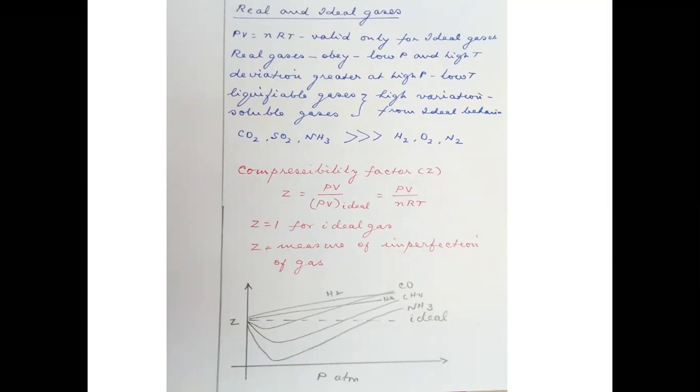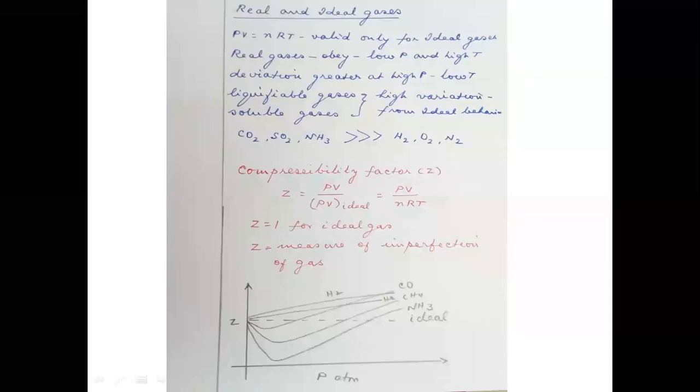But at high pressure and low temperature, what will happen? The gas molecules will come closer, and the decrease in the temperature will favor the intermolecular interactions. Therefore, the deviation from the ideal behavior is found to be greater at high pressure and low temperature.